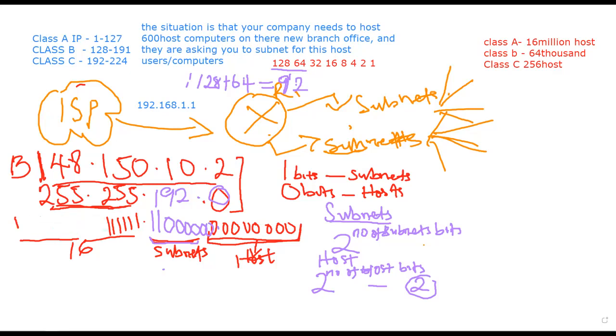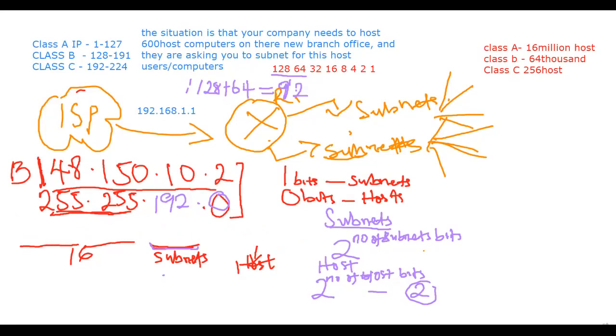We already know that we are not dealing with the first two octets; we are dealing with just the last two because this is a class B IP address.